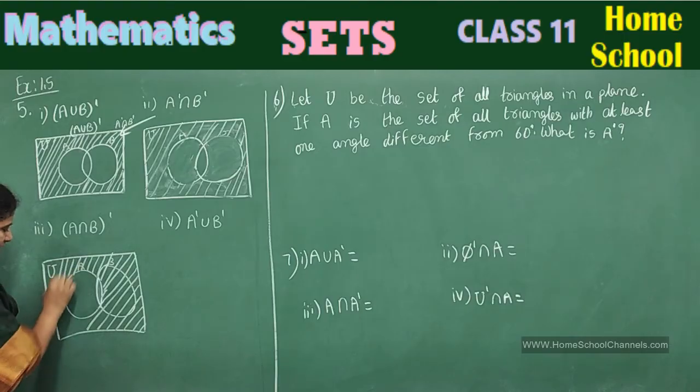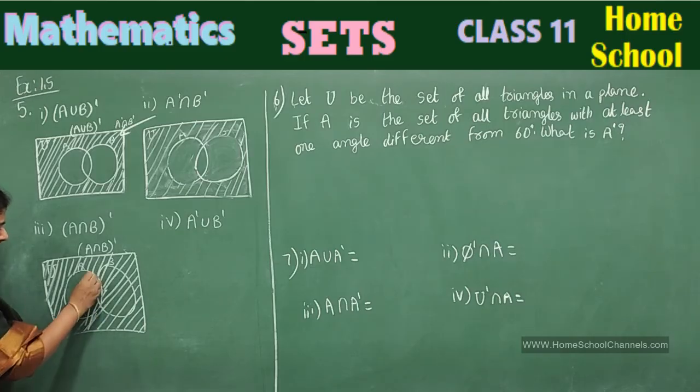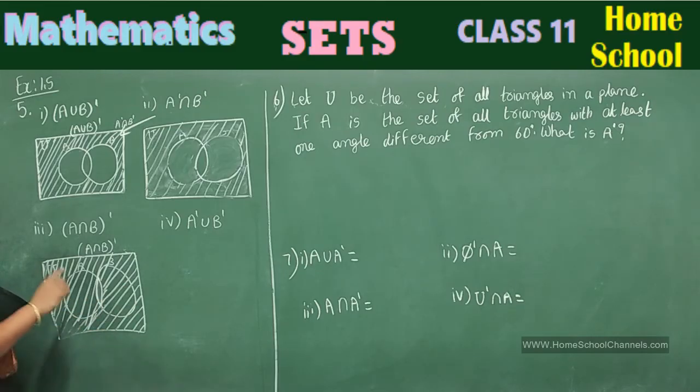Only the intersecting part we need to leave. So other than this intersecting region, completely we need to shade the universal set. Okay, this indicates the A intersection B whole complement Venn diagram.